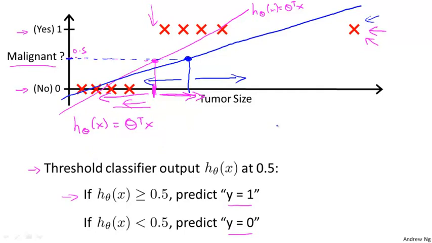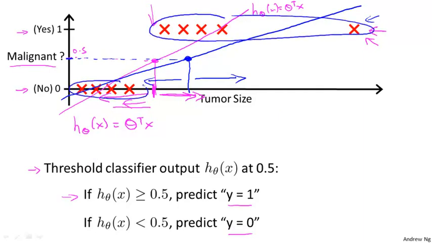And this seems a pretty bad thing for linear regression to have done, right? Because these are our positive examples, these are our negative examples. It's pretty clear we really should be separating the two classes somewhere around there. But somehow, by adding one example way out here to the right, which really isn't giving us any new information, it should be no surprise to the learning algorithm that the example way out here turns out to be malignant.